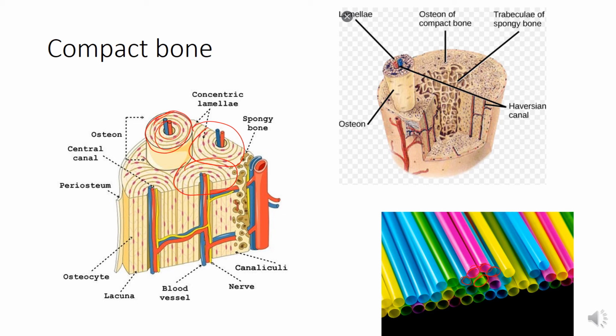Each canal is linked with the neighboring canal by tunnels running at a right angle between them called the perforating canals. So here you can see the perforating canals also, and the artery, vein and the nerve running in the Haversian canals.